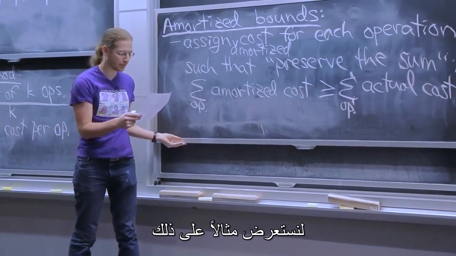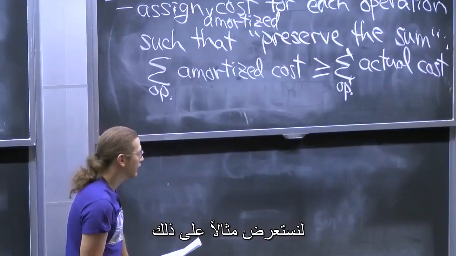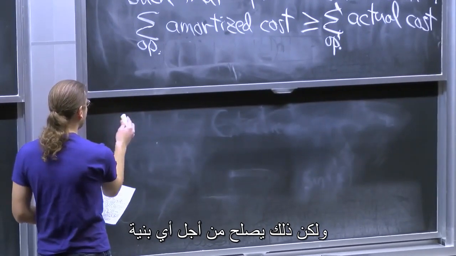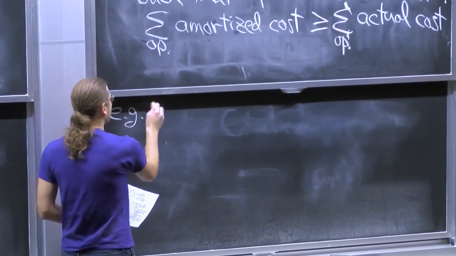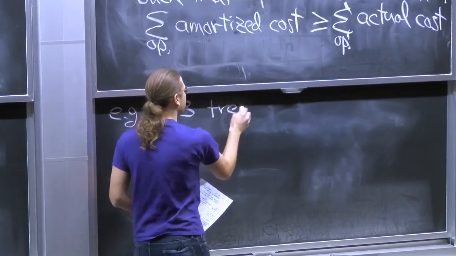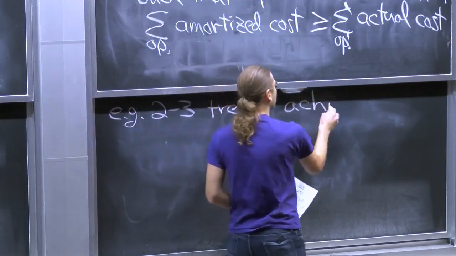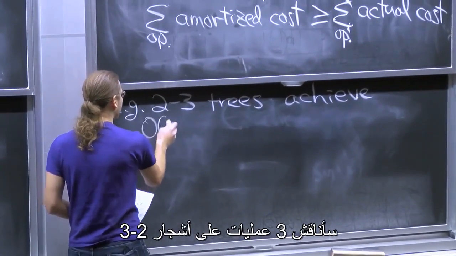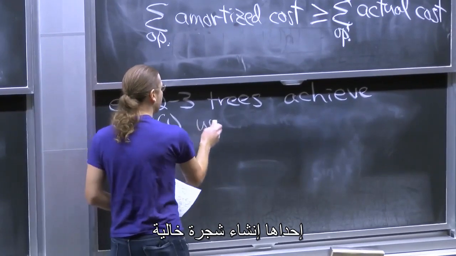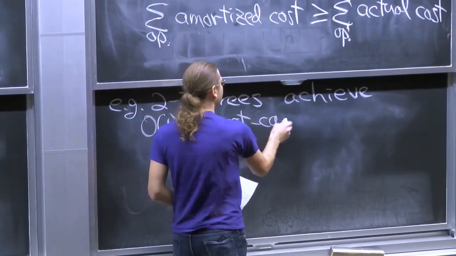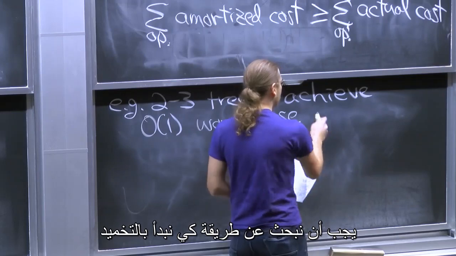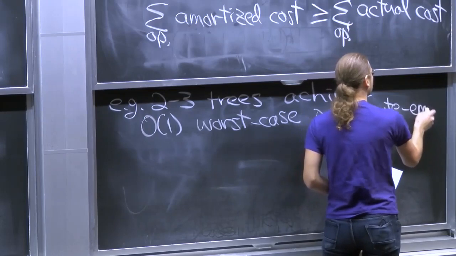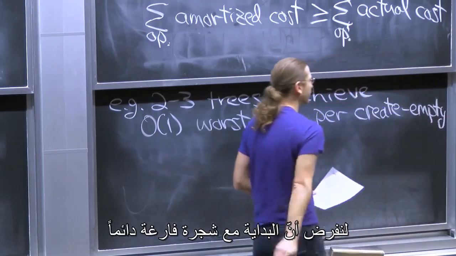In fact, let me do such an example. A couple of weeks ago, you learned about 2-3 trees. This would work for any structure, though. So I claim I'm going to look at 3 operations on 2-3 trees. One is create an empty tree. So I need to think about how we're getting started in amortization. Let's say you always start with an empty tree.